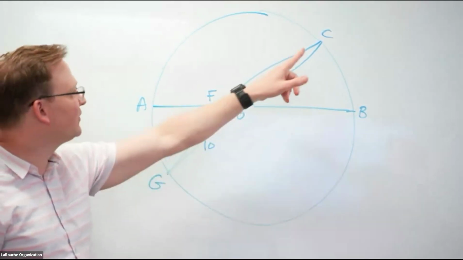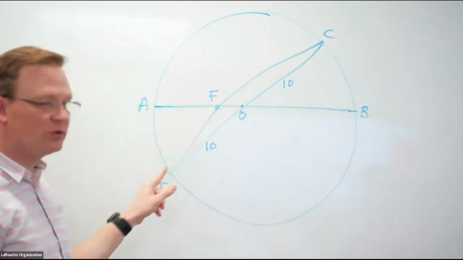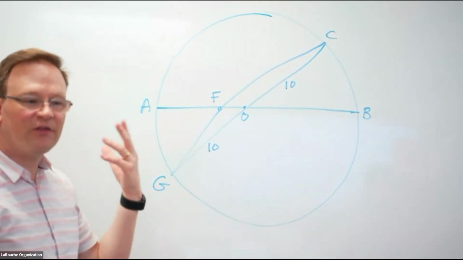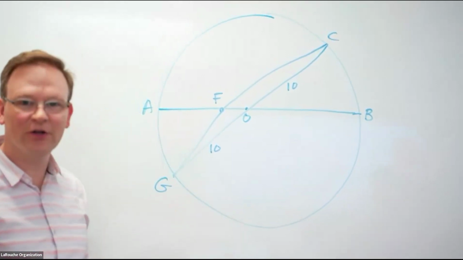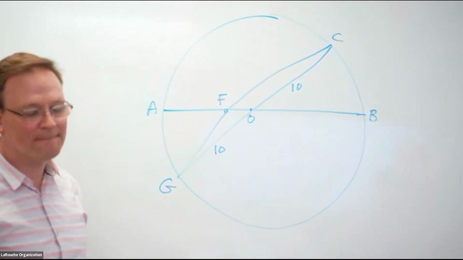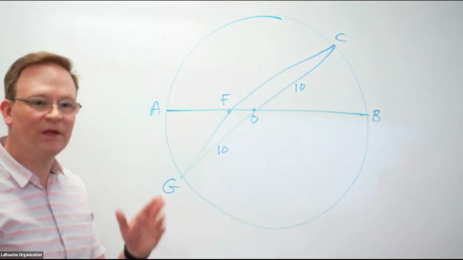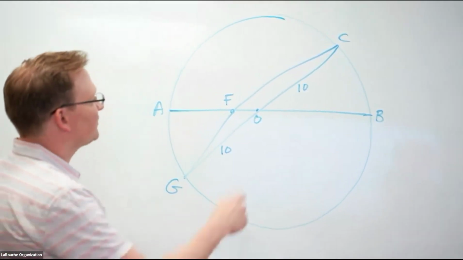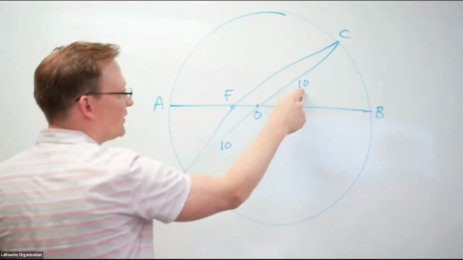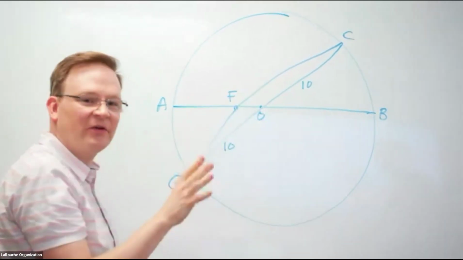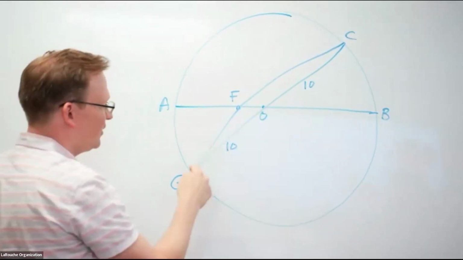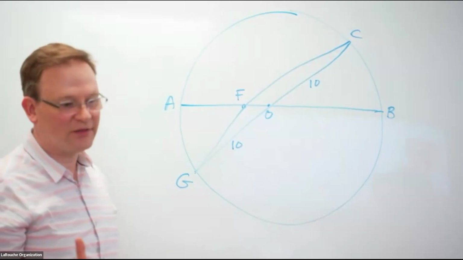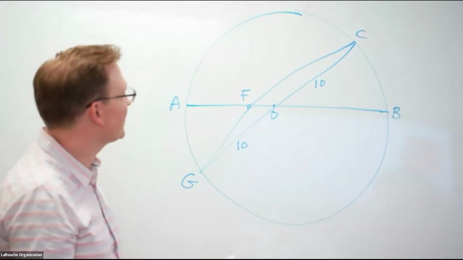So what's the total resistance of the path COG if it's half as hard to move through the air? 15. Yes. We take half of CO: the length is 10, but the resistance is only 5. OG, the length is 10, and the resistance is 10.